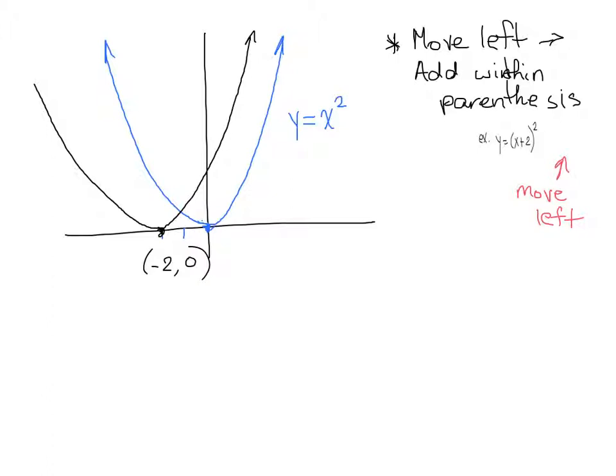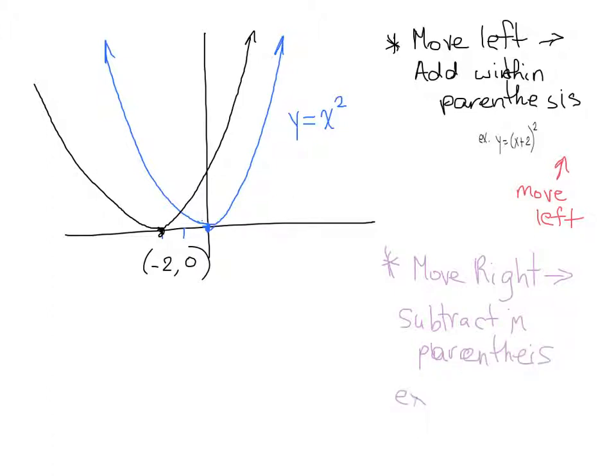All right, so let's use a different color. Let's say we want to move the graph right. Well, when we added in parentheses, it moved the graph left. So when we're subtracting in parentheses, that's what it would take to move the graph right. What that looks like, for example, is y equals x minus 1 squared.